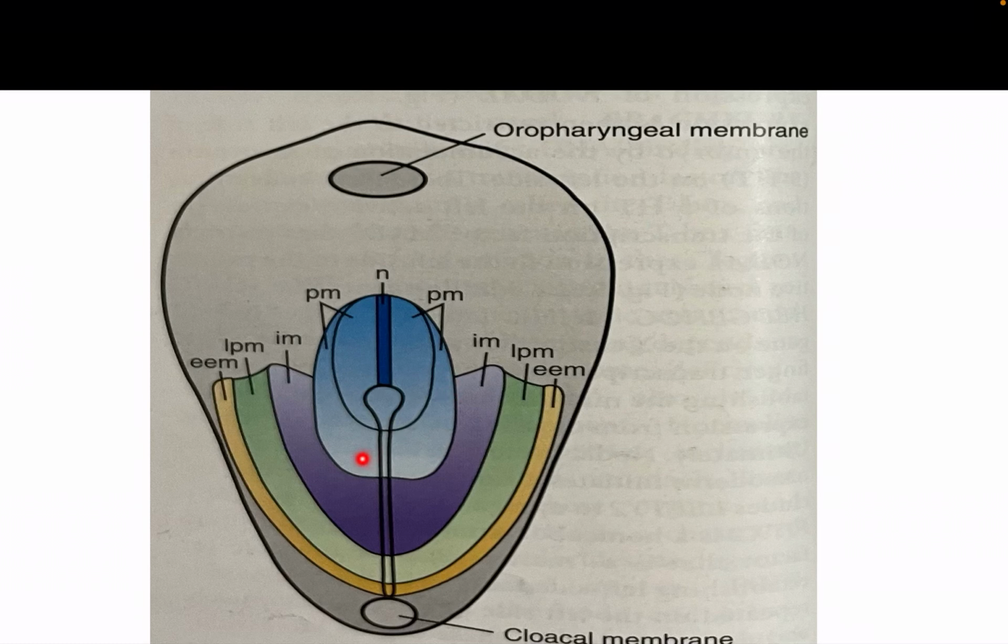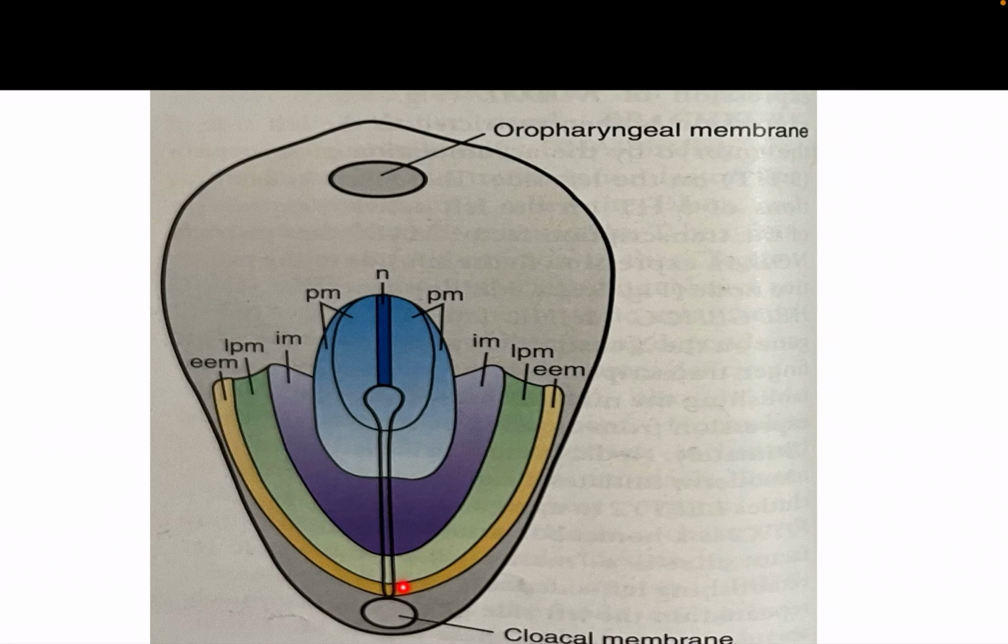The lateral half, you can see, is derived from the primitive streak, the most anterior part. Behind that is intermediate mesoderm, which is derived from the mid part of the primitive streak. Behind that is the intraembryonic mesoderm, that is the lateral plate mesoderm, LPM. This IM is the intermediate mesoderm. LPM is the lateral plate mesoderm.